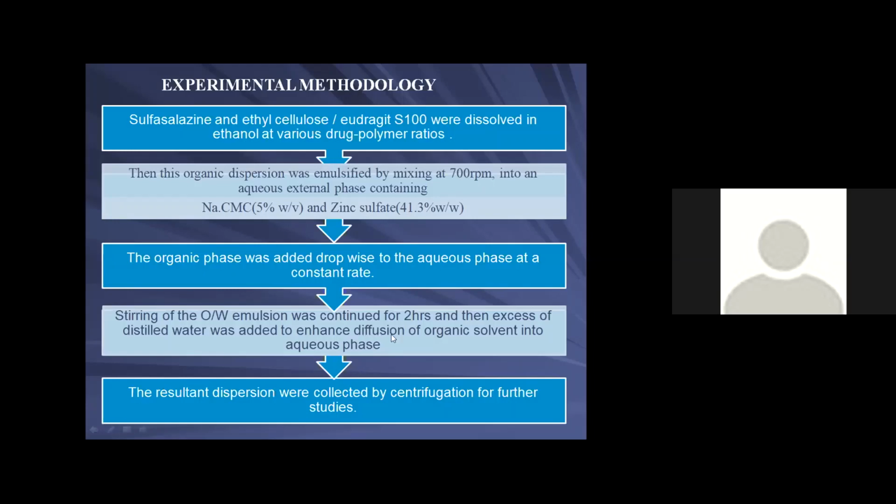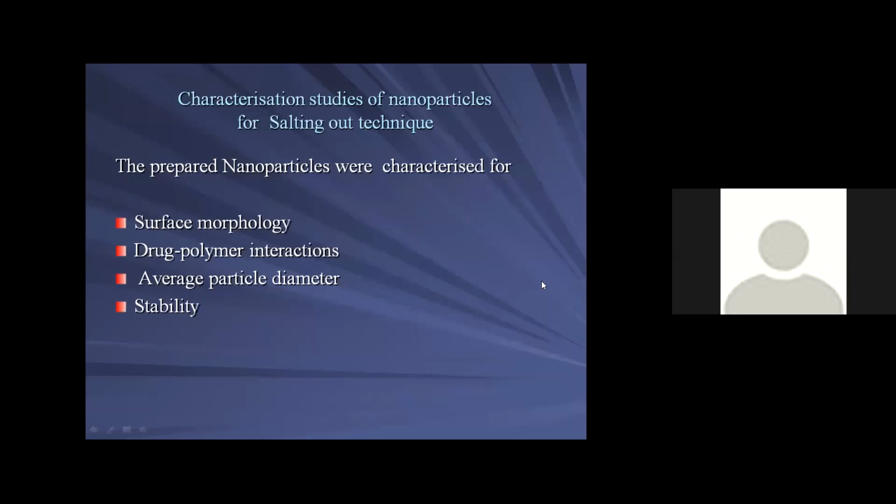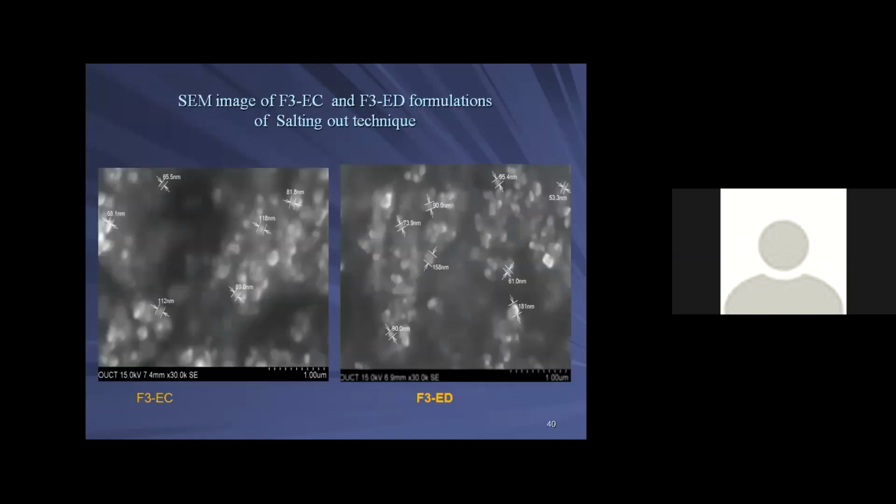Stirring was continued for 2 hours. Then an excess amount of distilled water was added to enhance the diffusion of the organic solvent into the aqueous phase. The resultant dispersion was collected by centrifugation for further studies. The obtained nanoparticles were evaluated for surface morphology, drug polymer interaction, particle diameter, and zeta potential values.